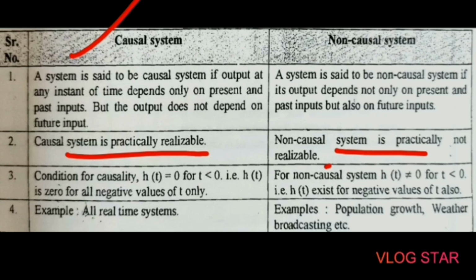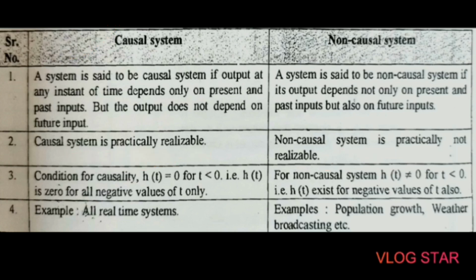The condition for causality in case of impulse response is given by h of t is equal to 0 for negative values of t, that is t is less than 0. And in a non-causal system, in terms of impulse response, h of t is not equal to 0 for t less than 0, that is, h of t exists for negative values of t also.